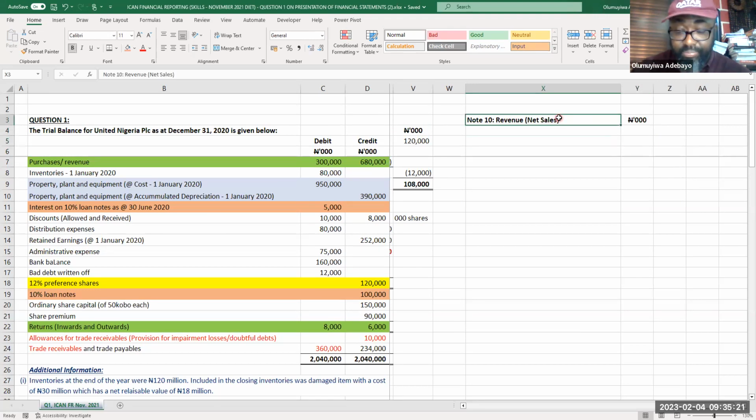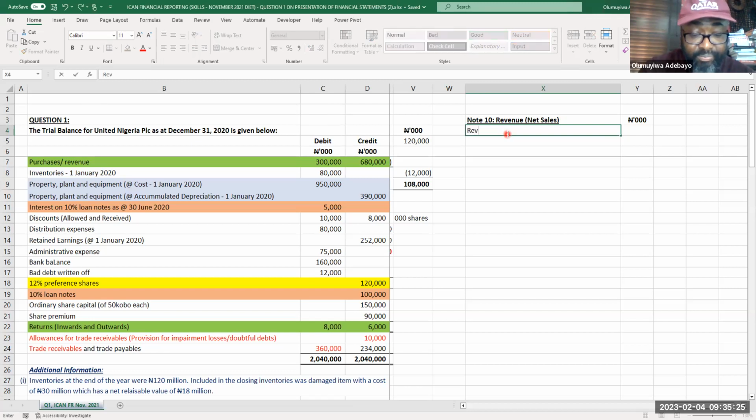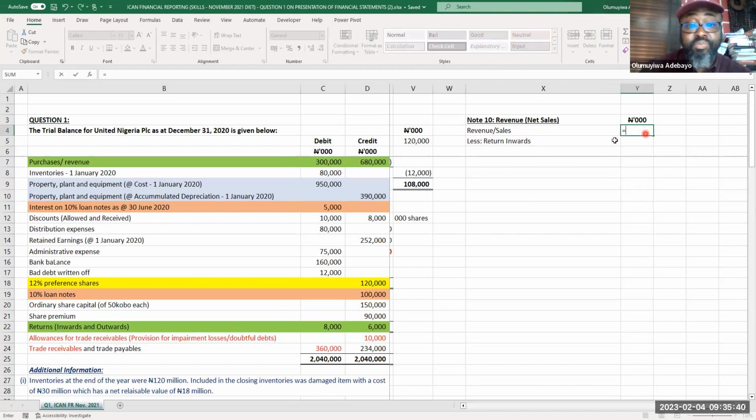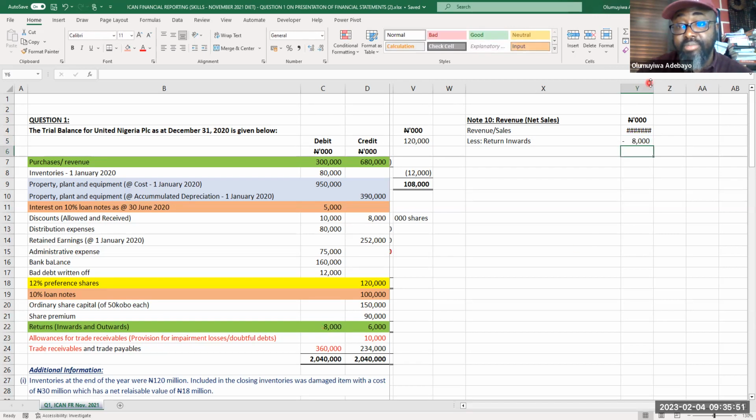And what is it? It is my revenue or my sales less return inwards. What is my sales? My sales is 680, and my return inwards, if you remember, somewhere here, is what? 8. Therefore, what is my revenue?